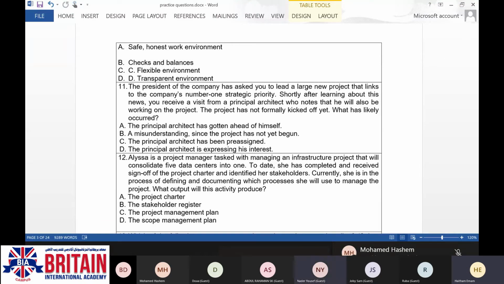The first one, the principal architect has gotten ahead of himself. Nothing in the question refers to that.